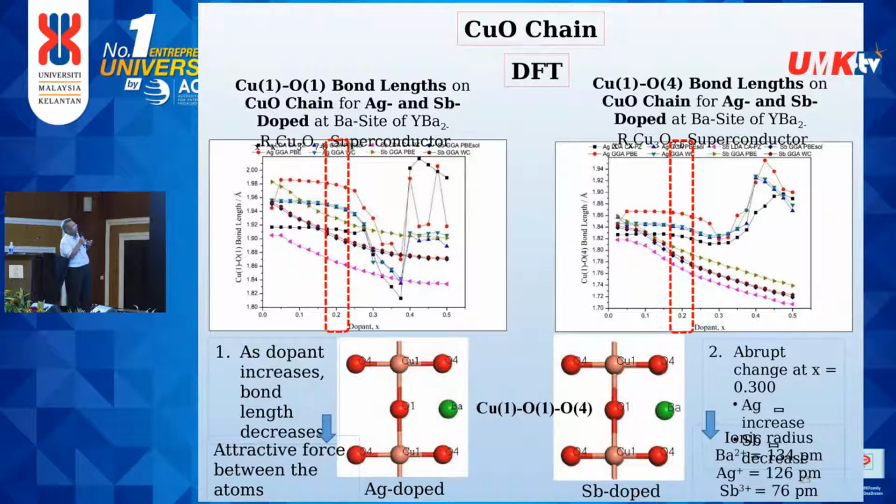And also for the Cu1O4 bond length, we found out that there is an abrupt change at x equal to 0.3. You can see that in Ag it increased and in antimony it decreased, due to the ionic radius of antimony being very small compared to barium and silver.